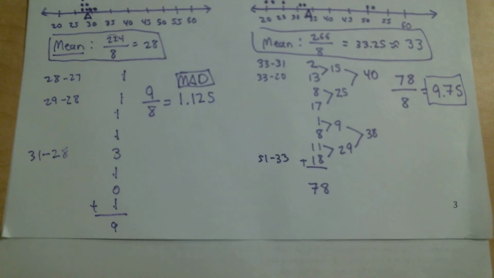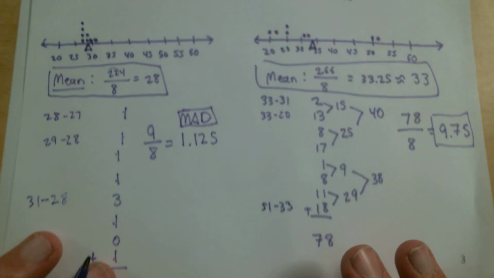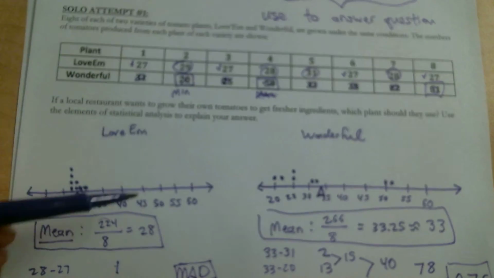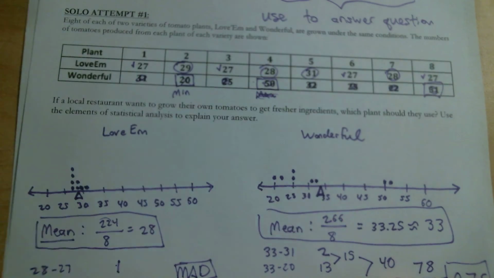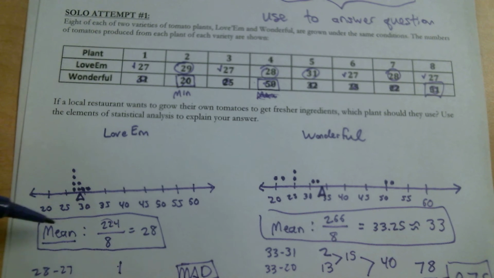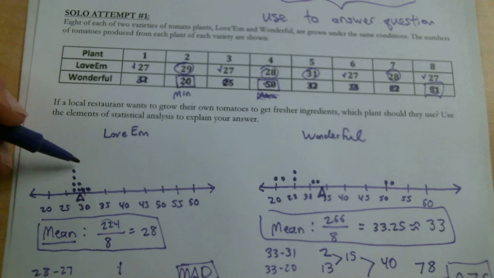So first, it wants to know, remember, which tomato plant they should use. Well, let's take a look here. Imagine you're the one who has to buy these tomato plants. Typically, this one produces more on average. It says it typically produces 33 tomatoes, compared to this one, which produces 28. The problem is, look, these are all guaranteed to be around 28.